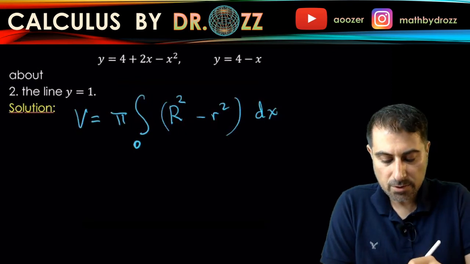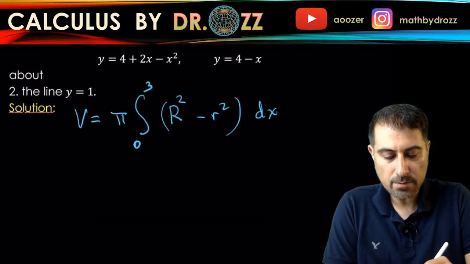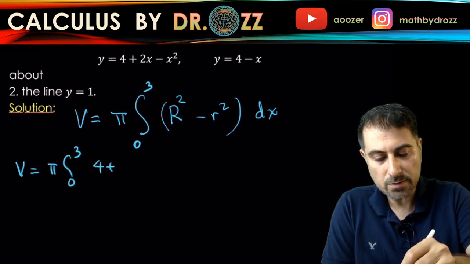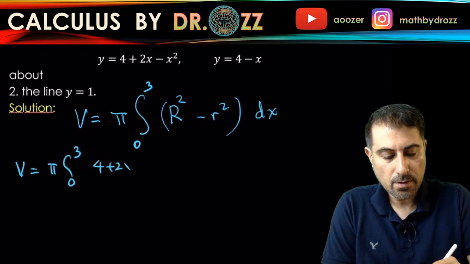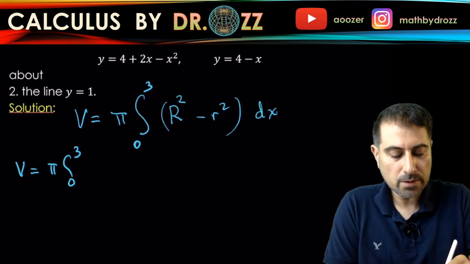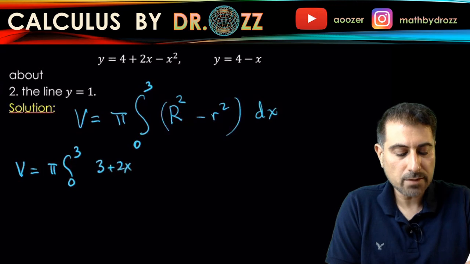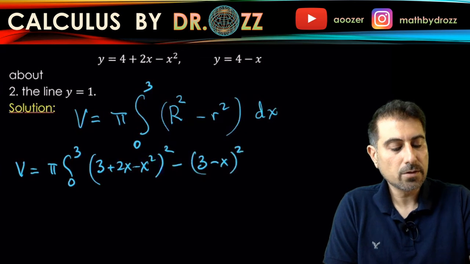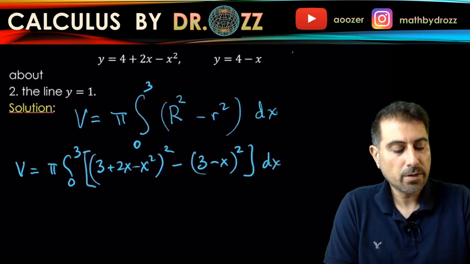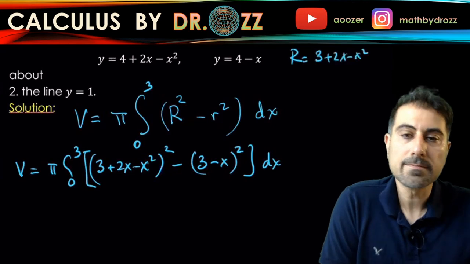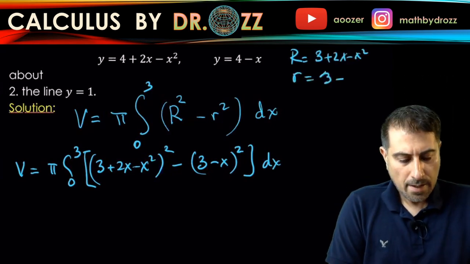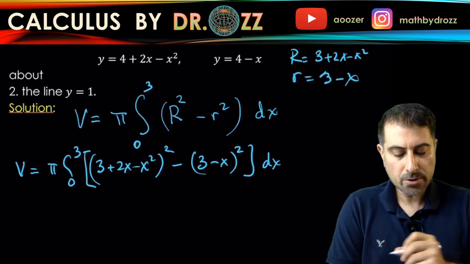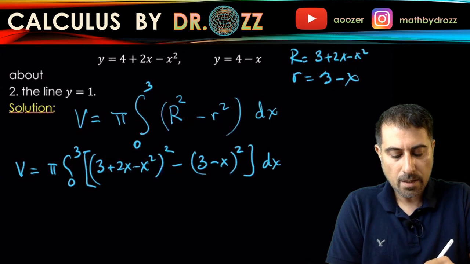So let's write it explicitly. This time capital R was, remember, 3 plus 2x minus x squared, minus 3 minus x, squared, dx. I think I did a similar calculation earlier, and I'm going to leave it to you.